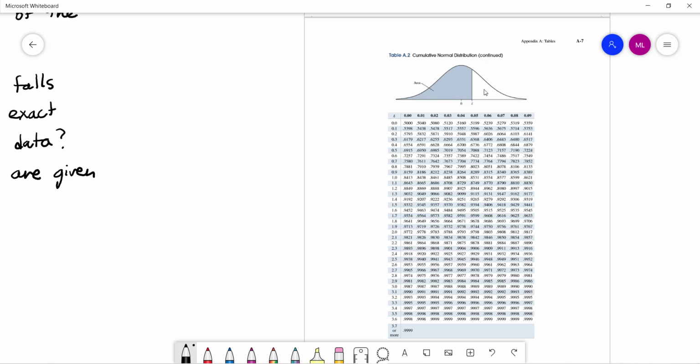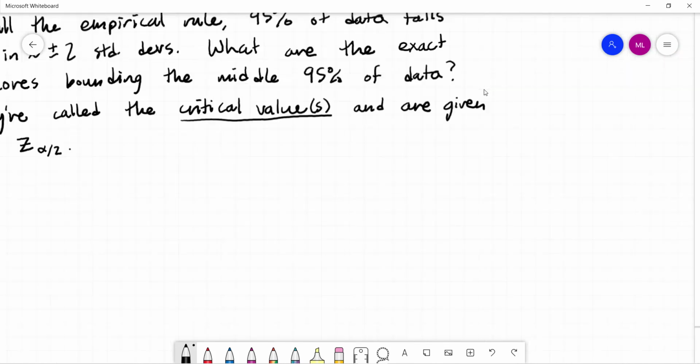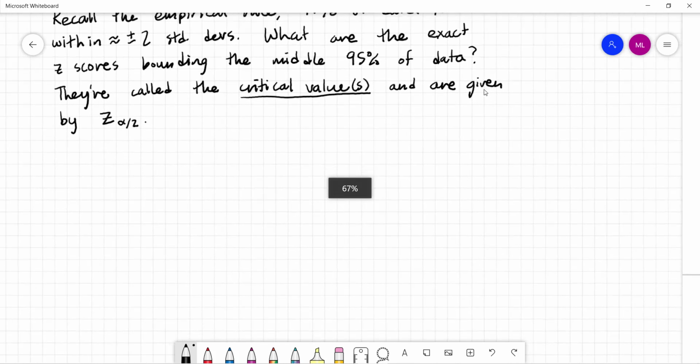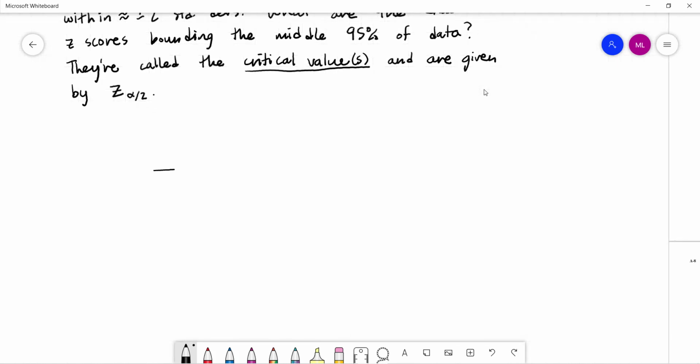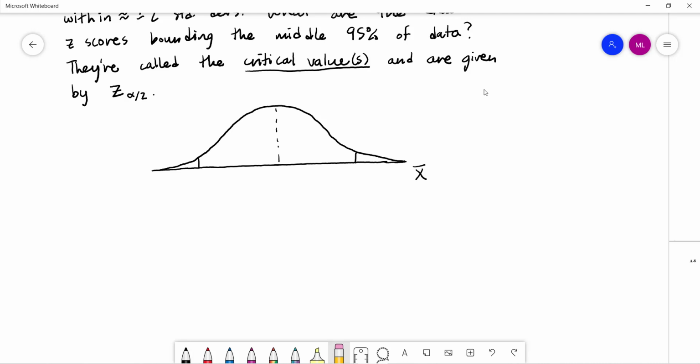So coming back to our picture, let's draw this curve yet again. Here we've got our cutoffs. Here's our middle 95% of the data. So 0.95. I want to figure out this z-score.